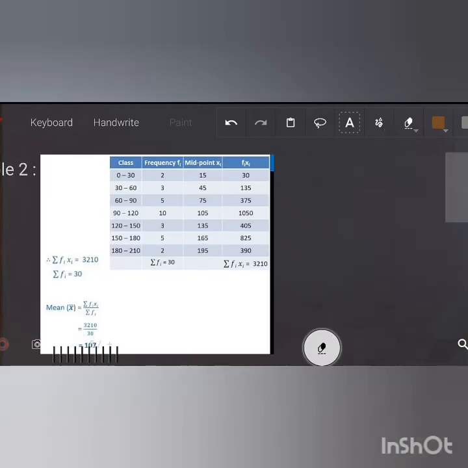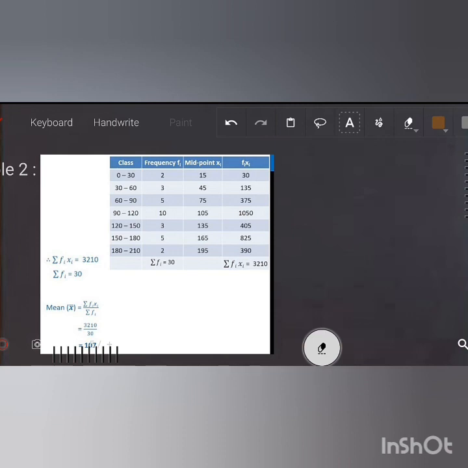This is the way to find out the mean of ungrouped data and also grouped data. For ungrouped data, directly we will take all the given observations, take the sum of all those observations, and divide by the number of observations. Whereas for grouped data, we have to find the mid values for the given class intervals by taking lower limit plus upper limit by 2 for each class.